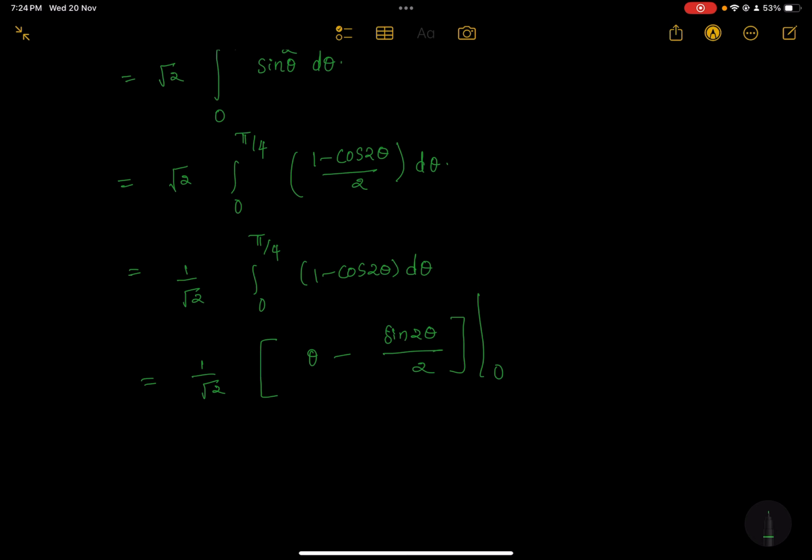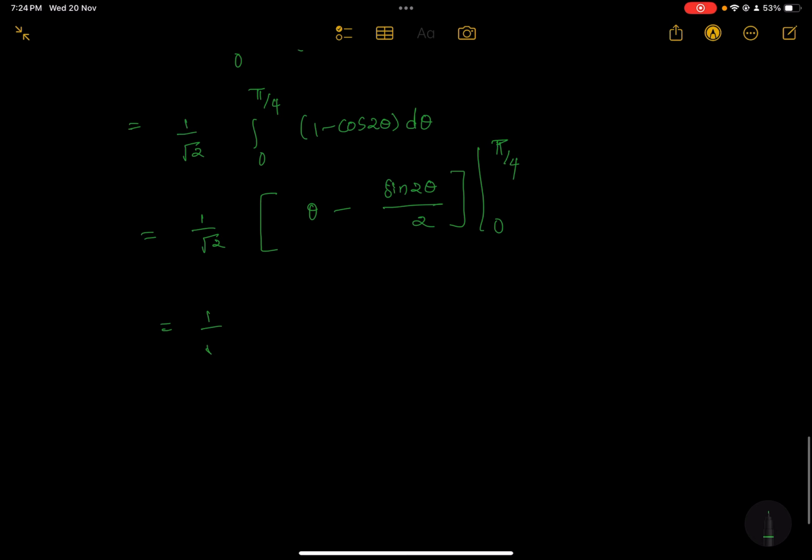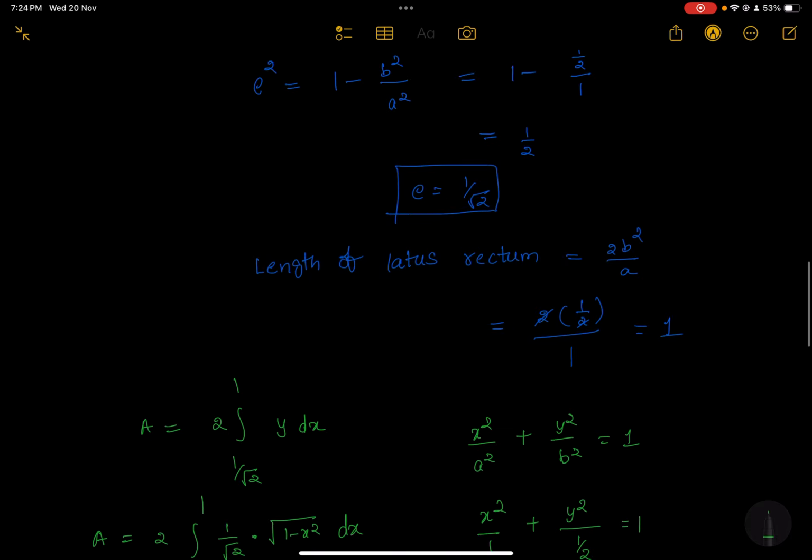This goes from 0 to pi by 4. Put the values. 1 by root 2 into theta, which is pi by 4, minus sine 2 theta by 2, with 2 theta being pi by 2. Sine pi by 2 is 1. If we put 0, this will be 0 and this will also be 0. So this is the required area.